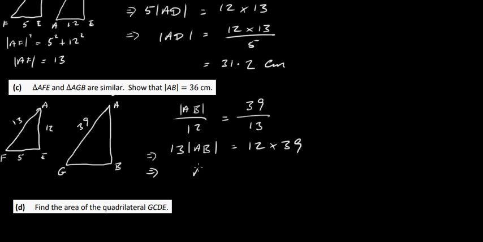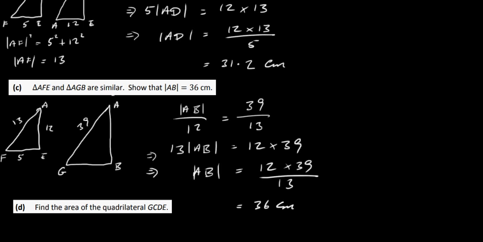So that just gives me AB, the distance from A to B here, is equal to 12 times 39 divided by 13, so that just gives me 36. So we've shown that AB, the distance from A to B here, is 36.